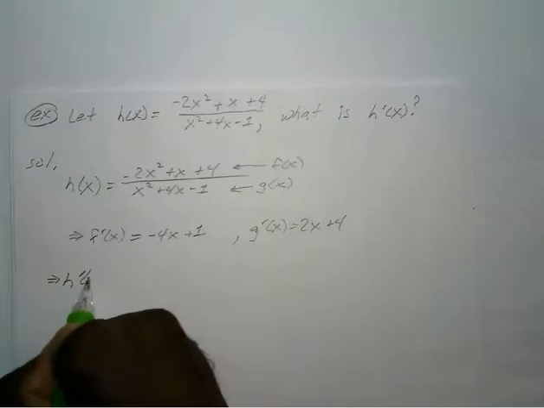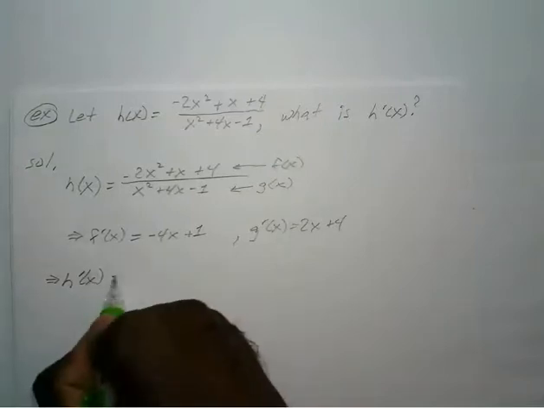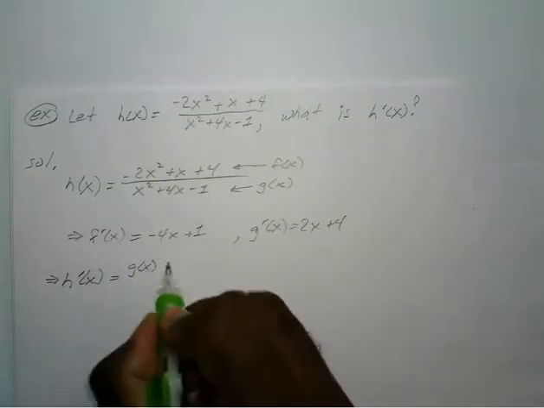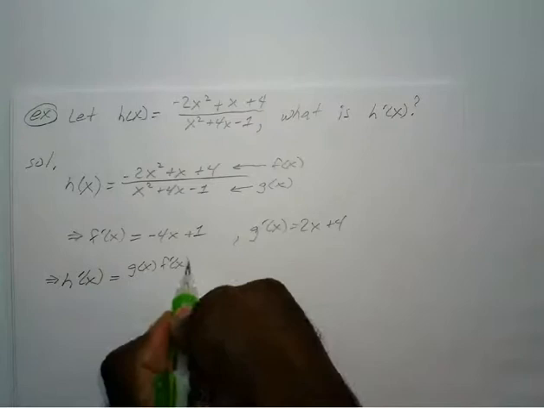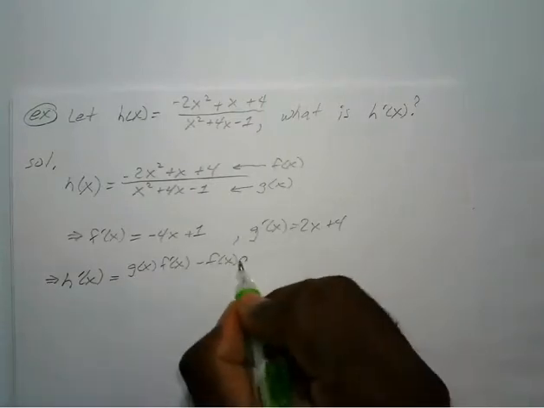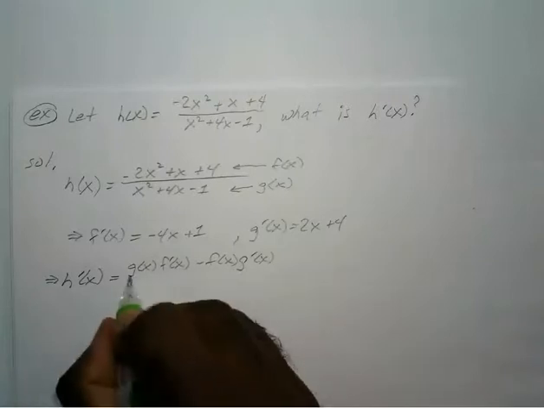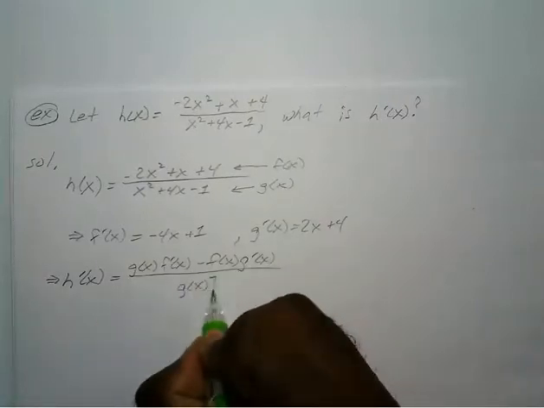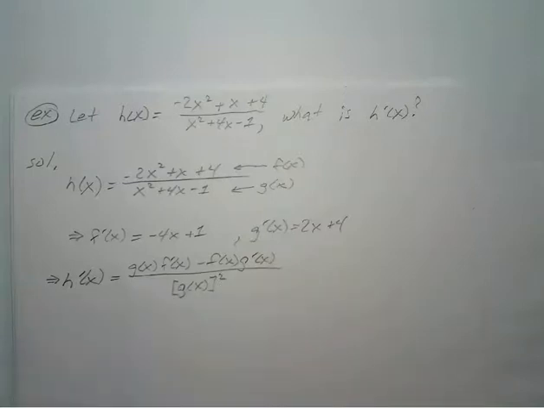So h prime of x is equal to the denominator times the derivative of the numerator, minus the numerator times the derivative of the denominator, all over the denominator squared.